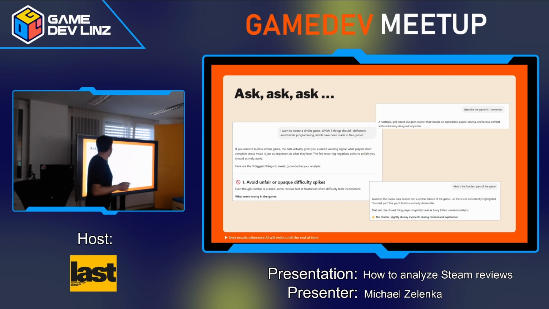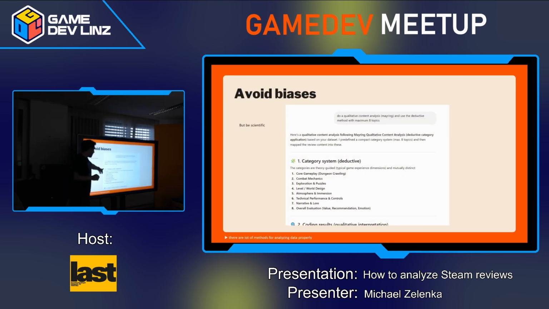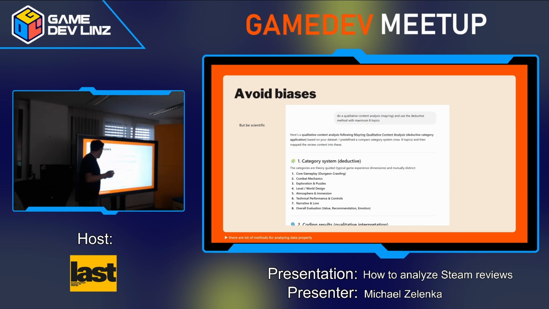So always limit it, like here, which 3 things, but then you somehow get a feeling of what the game is about. If you take a look here, those 8 categories look quite obvious. But sometimes you have games where you don't really know what they are about, and then maybe there is a hint like, okay, this game is about puzzles and not about a dungeon crawler.